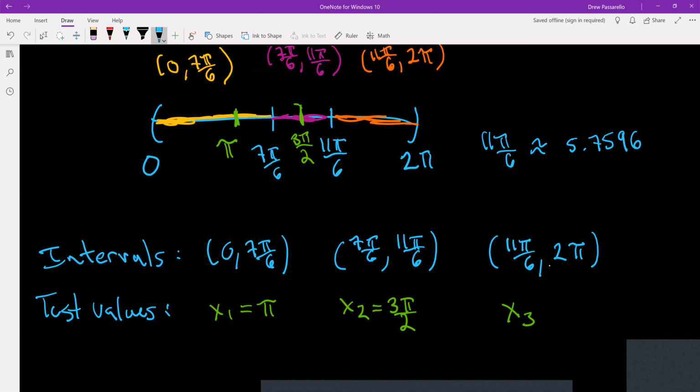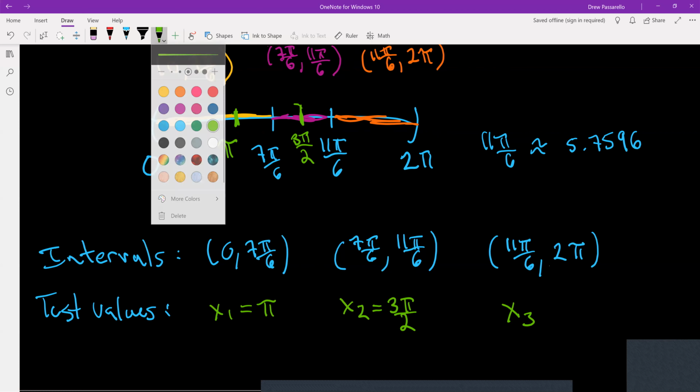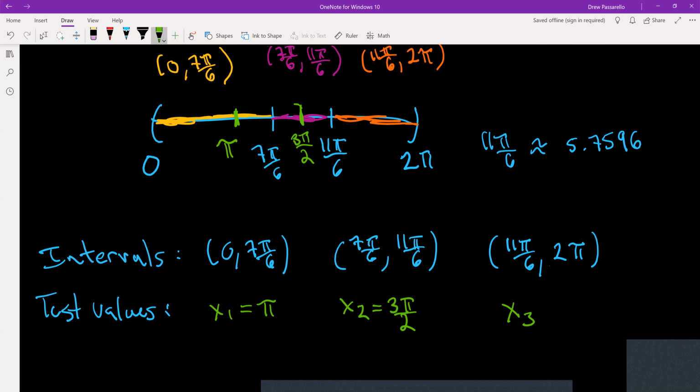So if I were to pick a value that's more than that, I'll go with, let's say, 5.8. I'm using a value like 5.8 because if you look at the unit circle, there's no convenient value between 11 pi over 6 and 2 pi. So I first figured out what 11 pi over 6 is, 5.7596, and then I just picked 5.8.